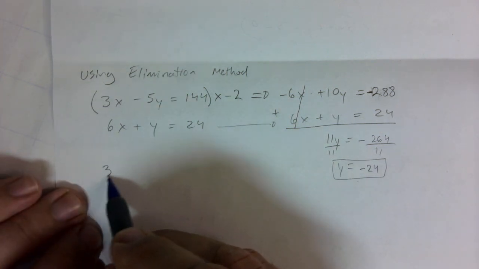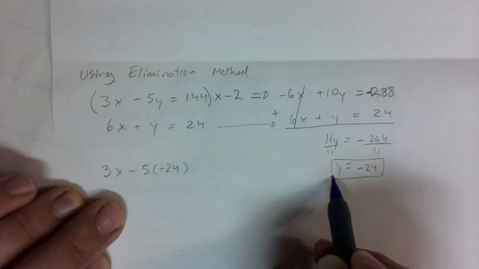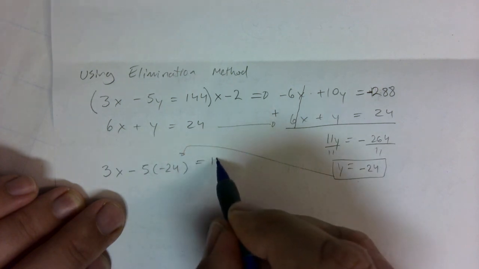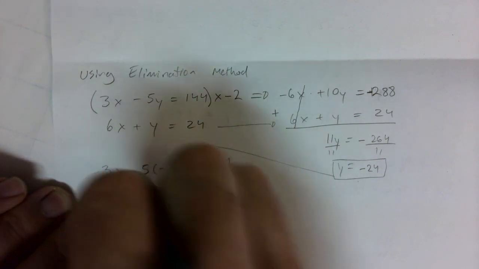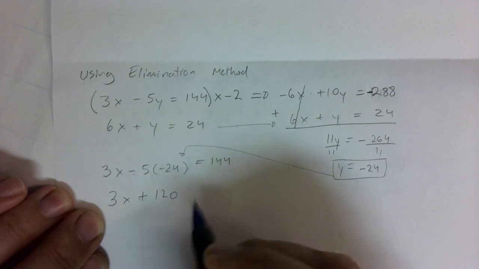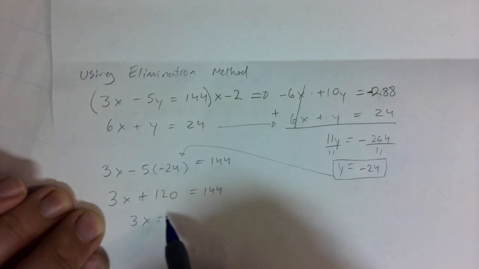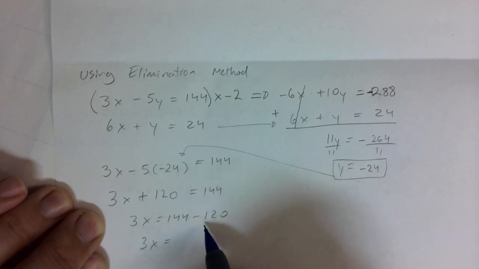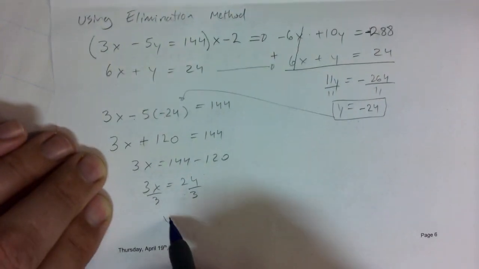So you can go 3x minus 5 times y, which you just found out is negative 24, is equal to 144. 3x plus, because these two negatives give you 120, is equal to 144. 3x equals 144 minus 120. 3x is equal to 24 there. Divide both sides by 3. x is equal to 8.